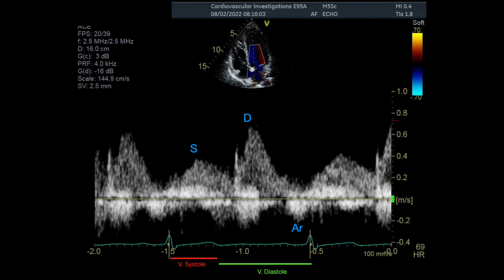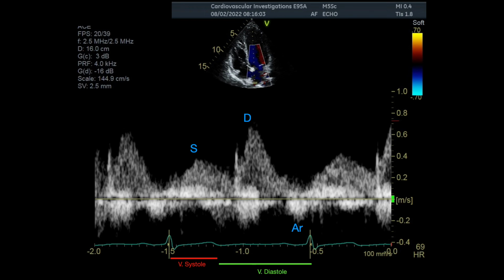The D wave occurs during ventricular diastole, when there's forward flow from the atrium into the ventricle, which of course would encourage flow from the pulmonary vein into the atrium. And then below the baseline, you'll see the AR wave, which is the atrial systolic reversal. So when the atrium contracts, there is some retrograde flow of blood from the atrium into the pulmonary vein. And you can see that happens just after the P wave.